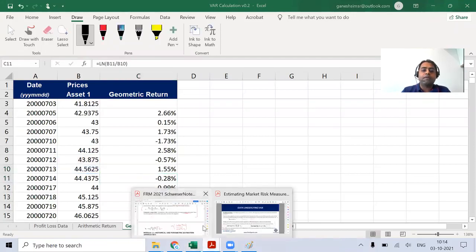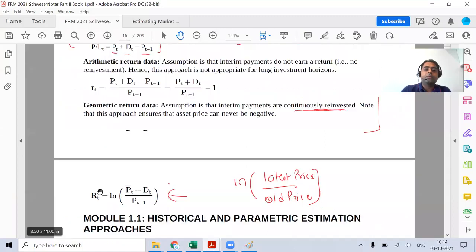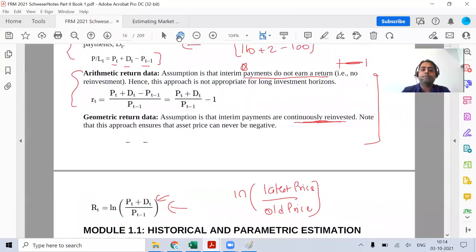I want you to have a quick read of these two parts, the arithmetic return and the geometric return.